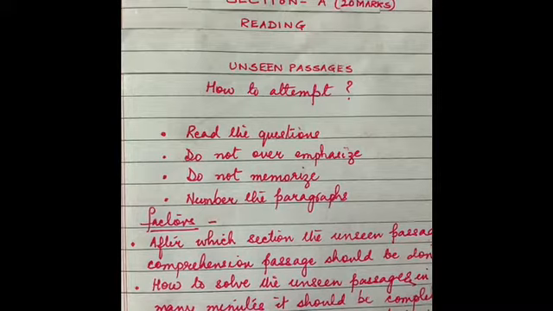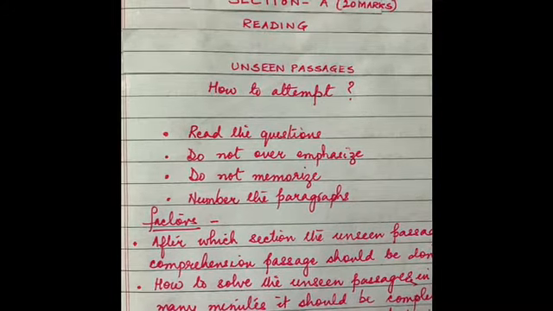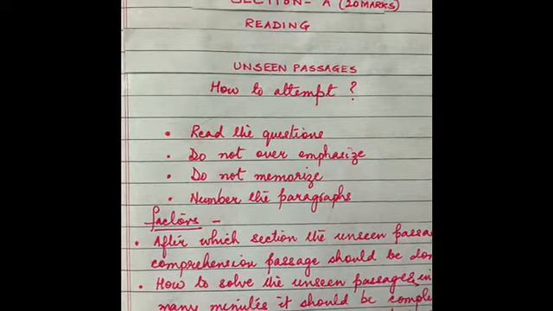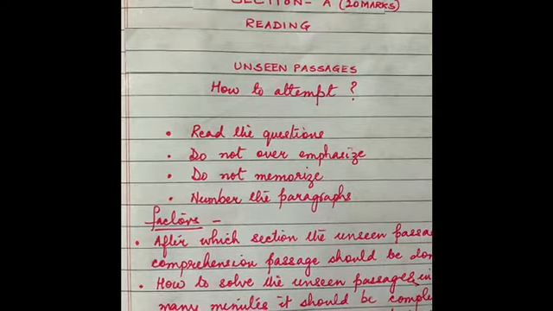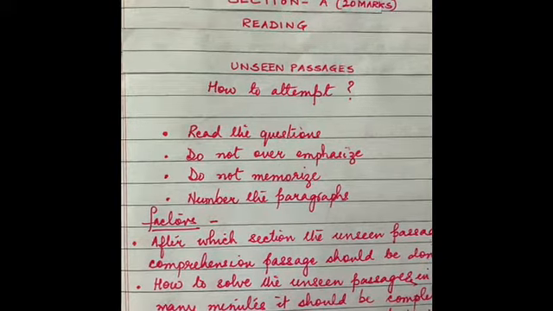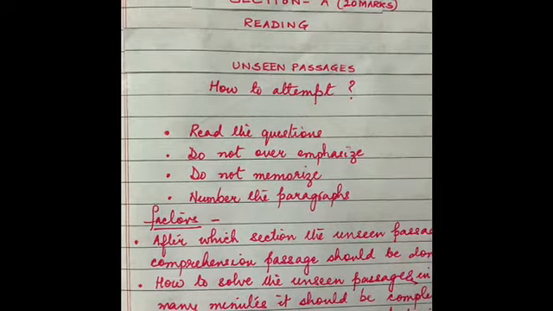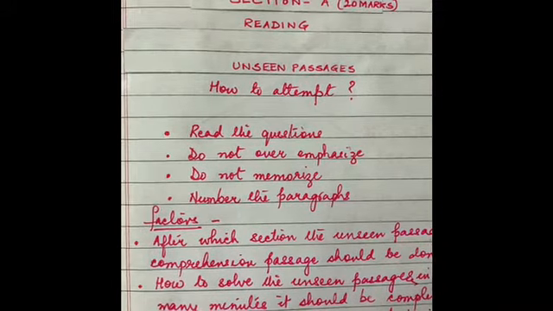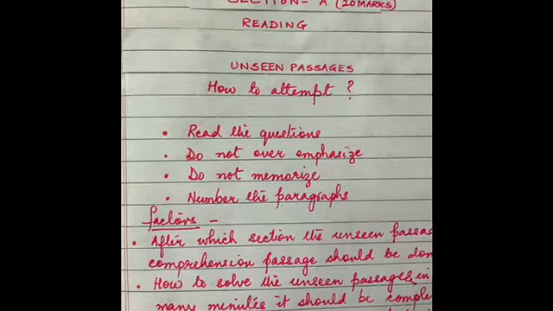Not only once, but twice. According to the traditional approach, the passages should at least be read twice, and besides reading, the difficult words, phrases, and important information should also be marked or underlined lightly with a pencil. And then the questions should be answered, that too in the end.